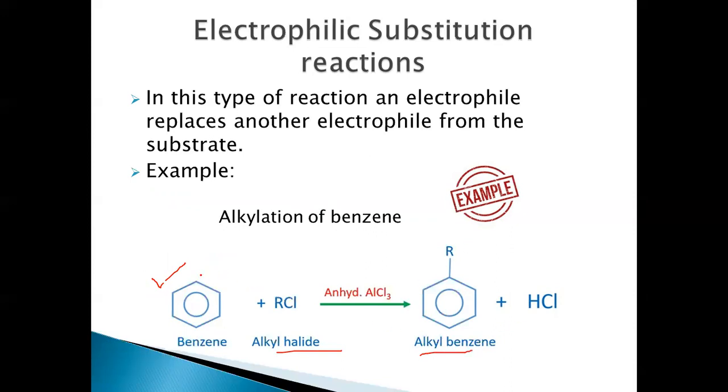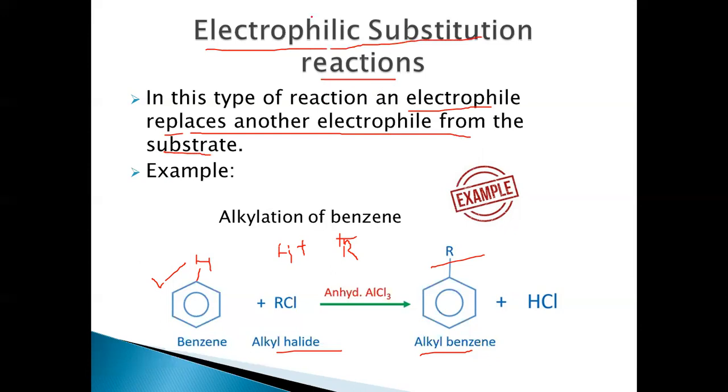Here, H is being replaced by R. So an electrophile H plus is being replaced by R plus, that is an alkyl group, resulting in the formation of alkyl benzene. As the name suggests, here an electrophile is being replaced or substituted by another electrophile. The example is alkylation of benzene.